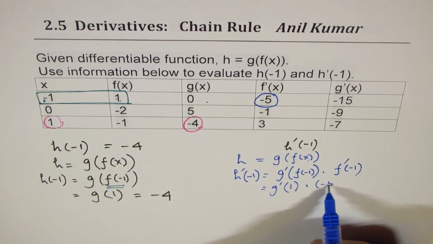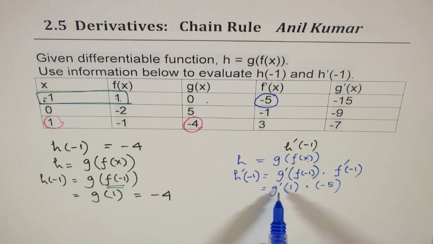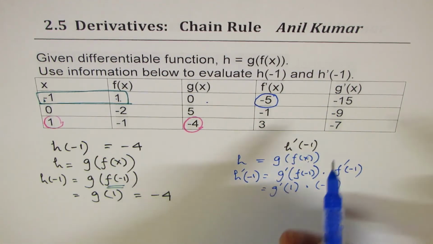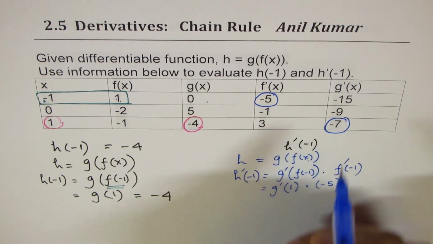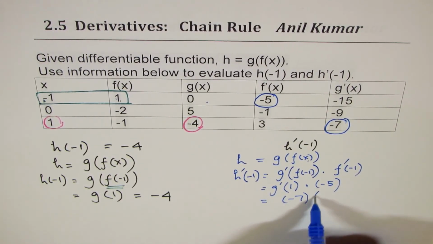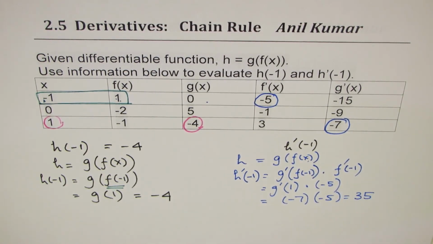So we'll multiply this by minus 5. Correct? Now what is the derivative of this function when x is 1? It is minus 7. So we could write this as minus 7 times minus 5, which gives us 35. So we get 35 as our answer for this part.